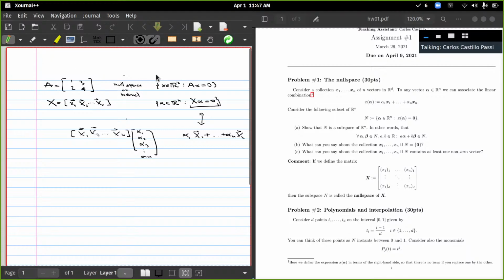The vectors should be transposed. Oh, no, it was correct, sorry.